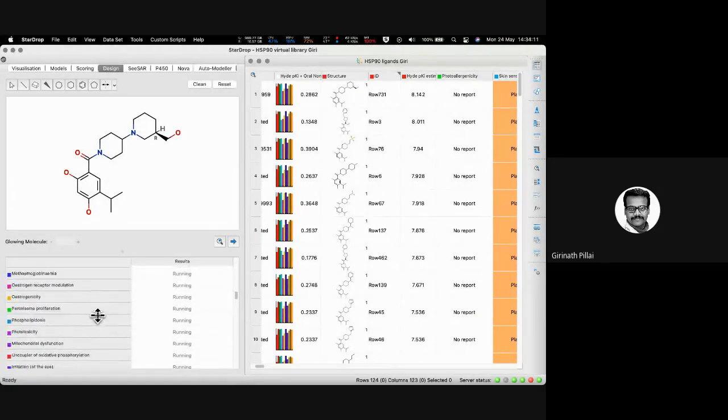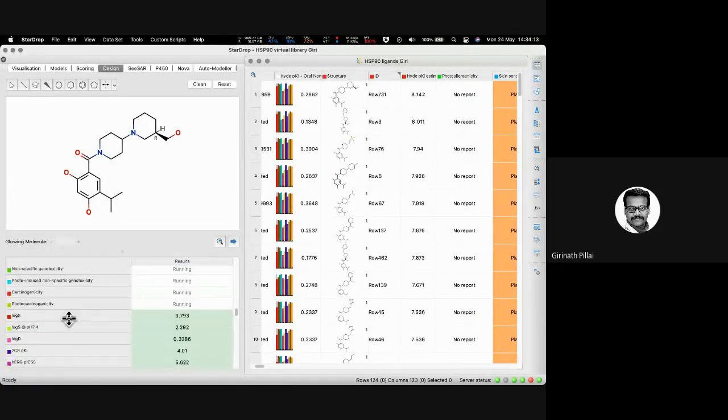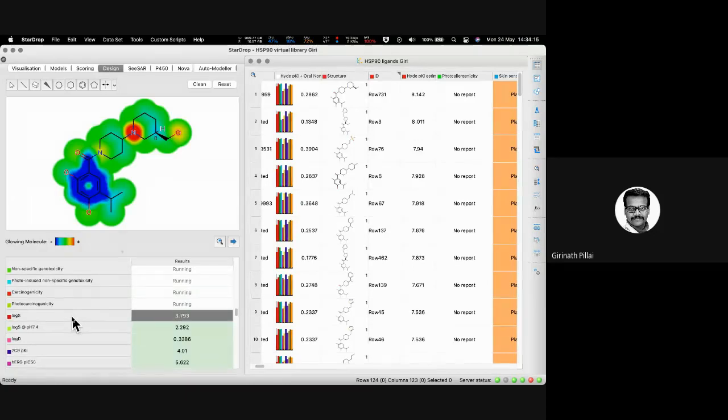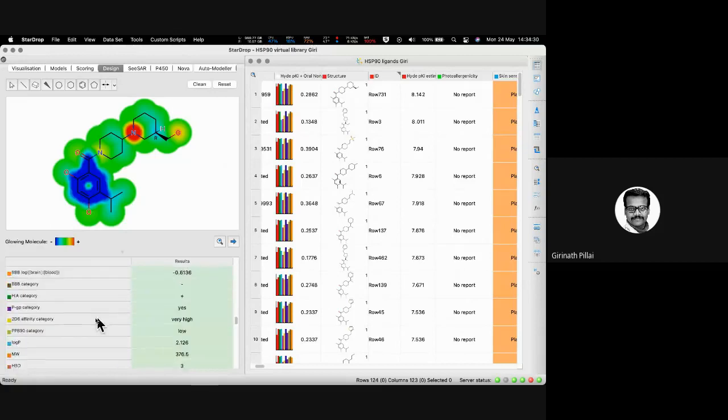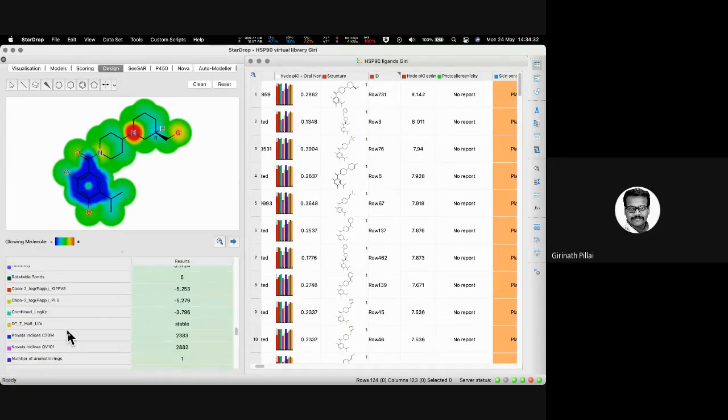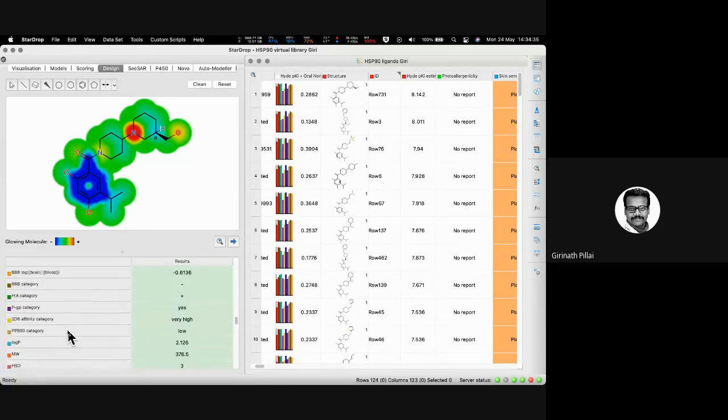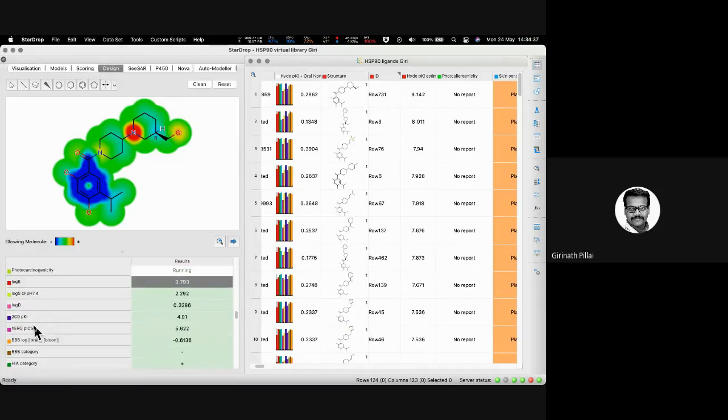and going down, I could see the solubility here, aqueous solubility. Aqueous solubility is log S. For this particular compound, I could see this region is actually negatively contributing to solubility. Right. Let us see hERG liability. Where is hERG? Yeah. hERG is a cardiotoxicity, right? hERG enzyme.